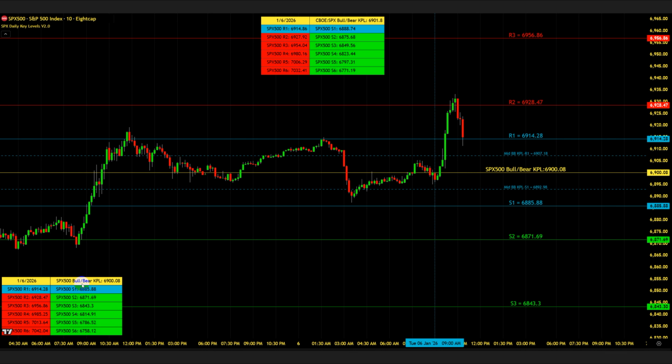One is for the SPX 500 cap levels, which are also displayed here on the chart. And then you have the second additional table here for the CBOE SPX key levels for today's session. And then you will be getting those at 9 a.m., 30 minutes before the CBOE SPX open at 9:30 a.m.